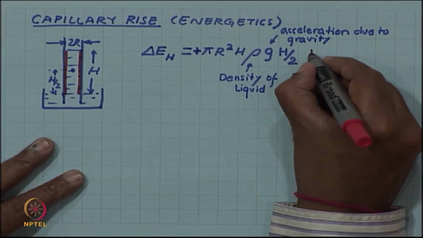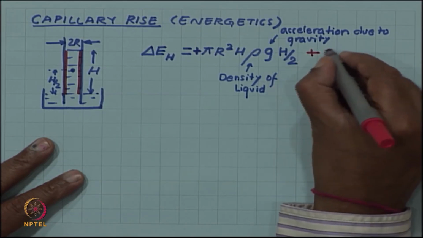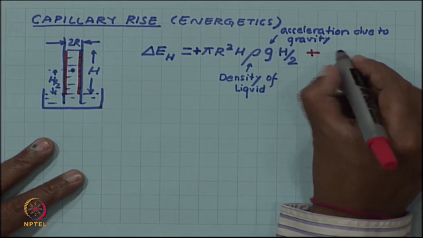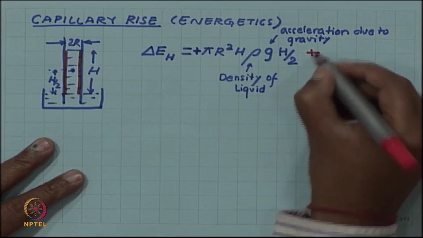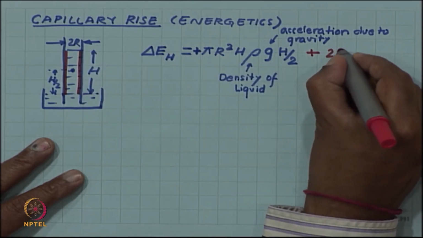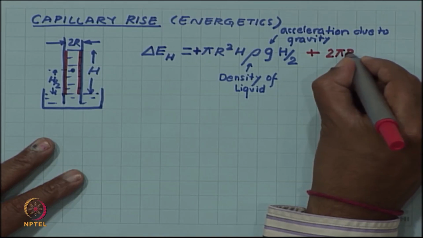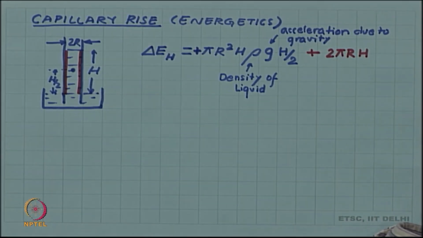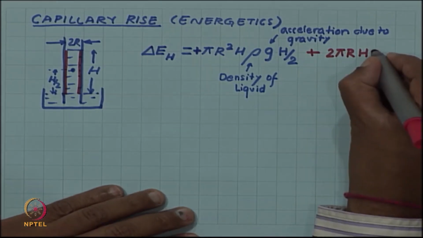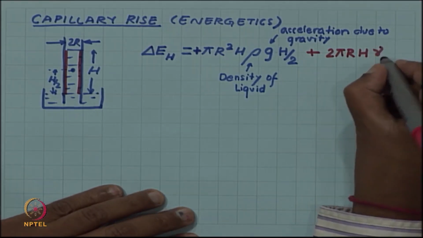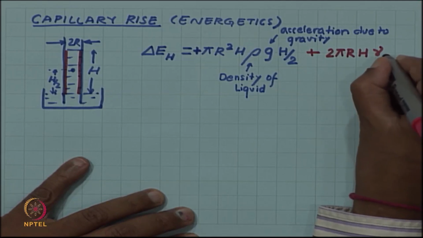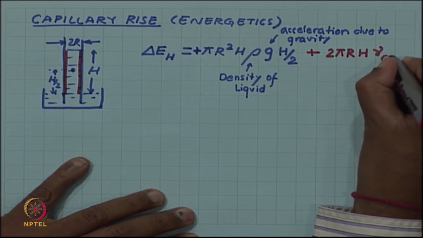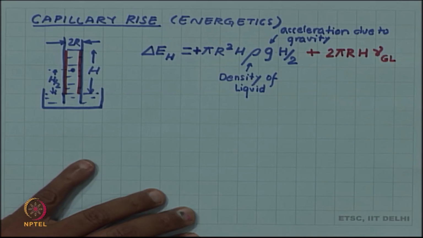We have one more additional positive term, and that is if you look at the cylindrical surface area, that is 2 pi r into h, the surface area, times the surface energy per unit area of the glass liquid interface.